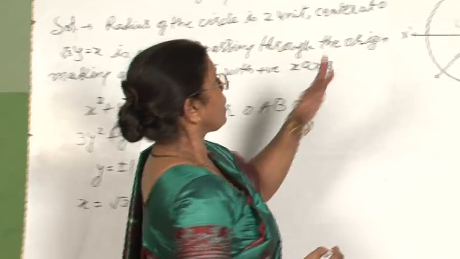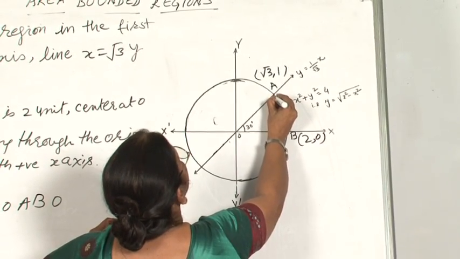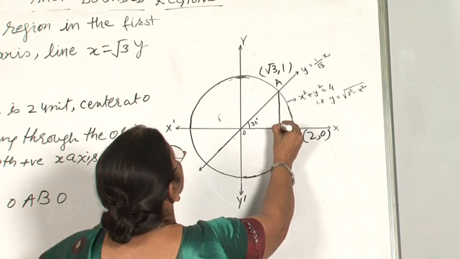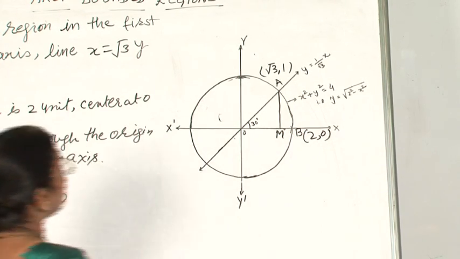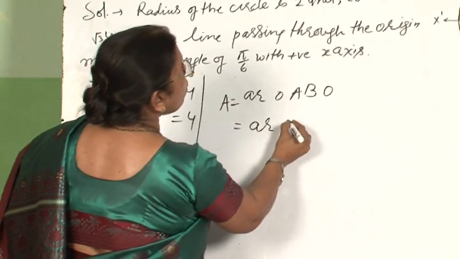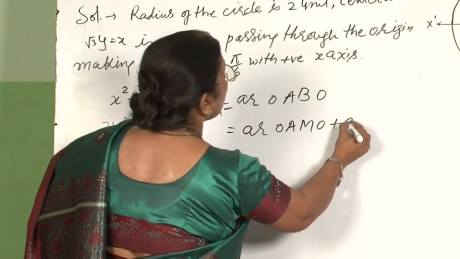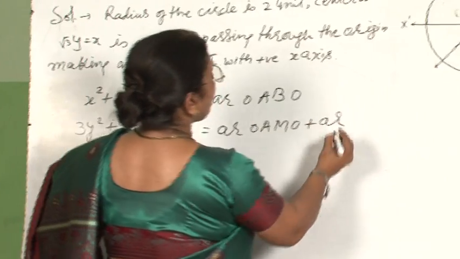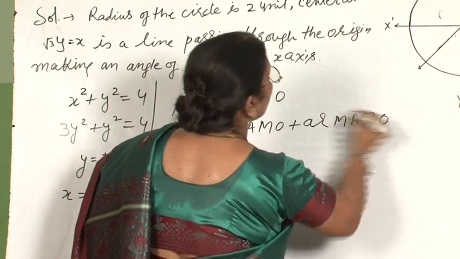Now, this figure is divided in two parts. Suppose this is M. So, this area will be written as area of OAMO plus area of MABO.